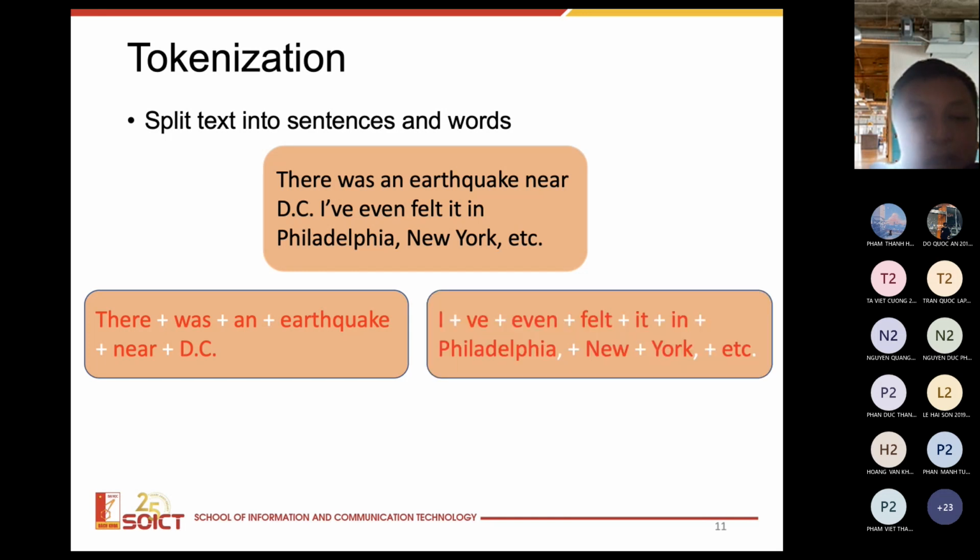But for Vietnamese, where we have composite words, then the tokenization may be more difficult, right?